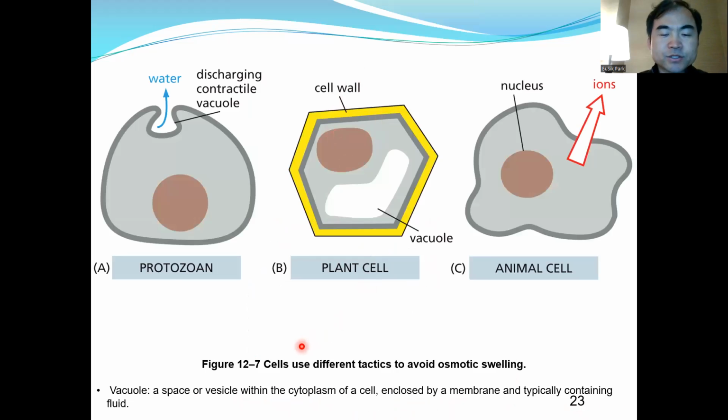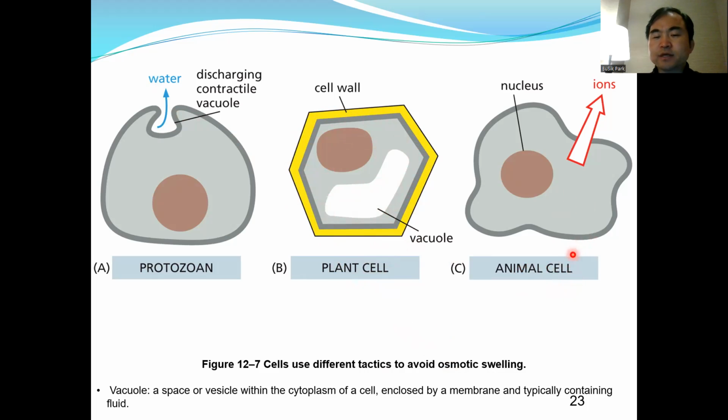So cells use different tactics to avoid osmotic swelling. Protozoa eject water, and plant cells have a cell wall. The cell wall is relatively solid, so it can avoid osmotic swelling.